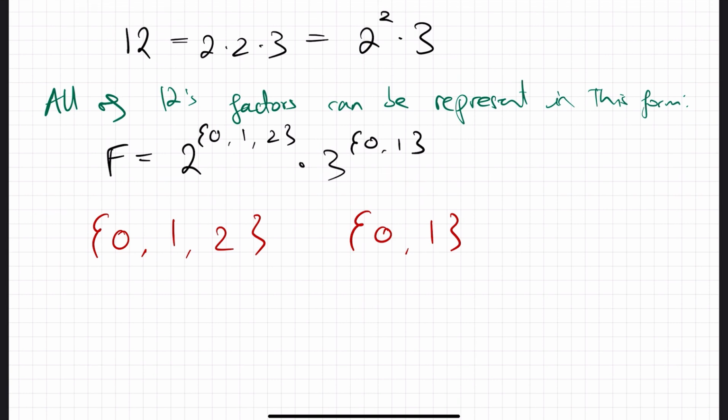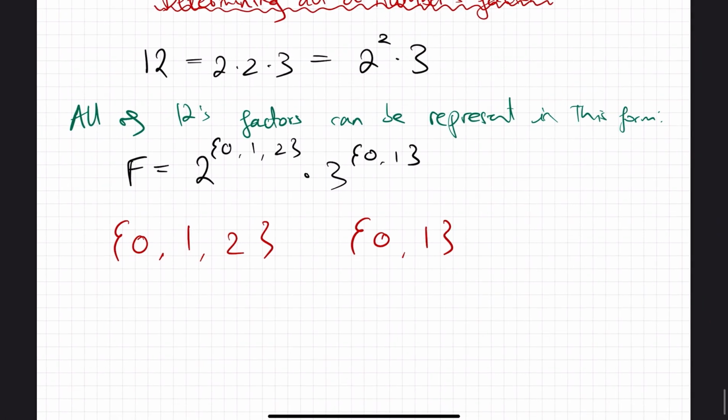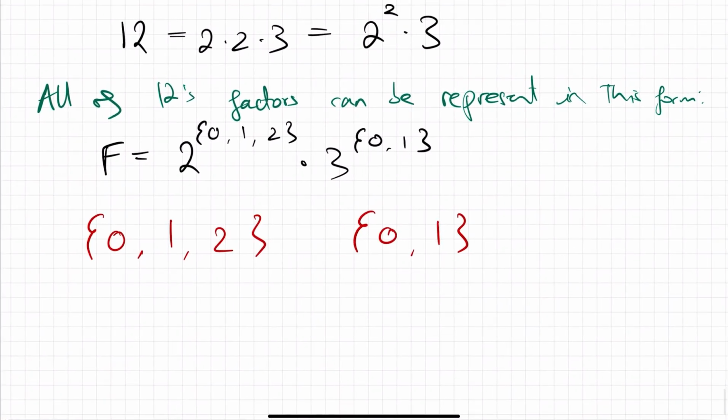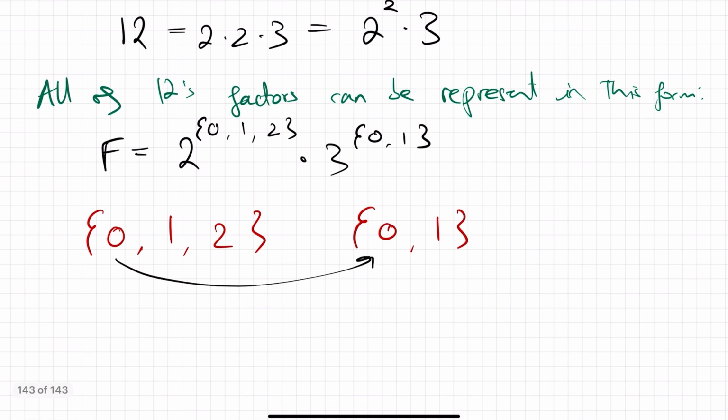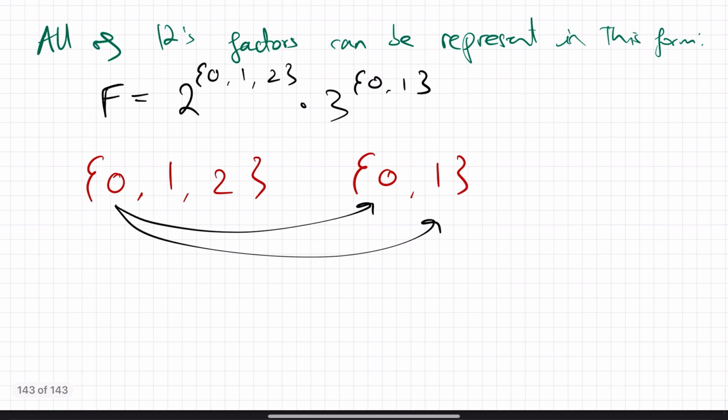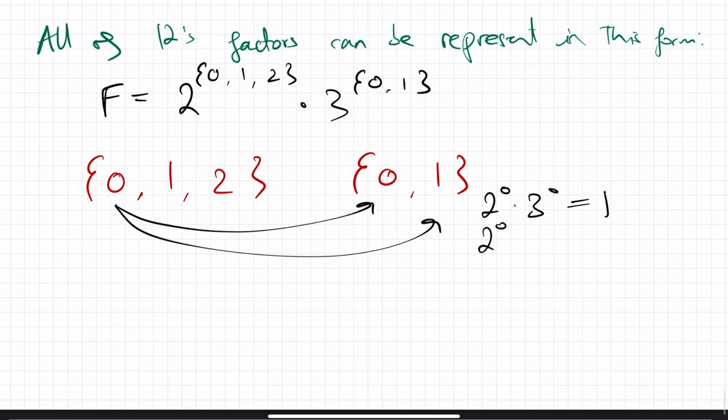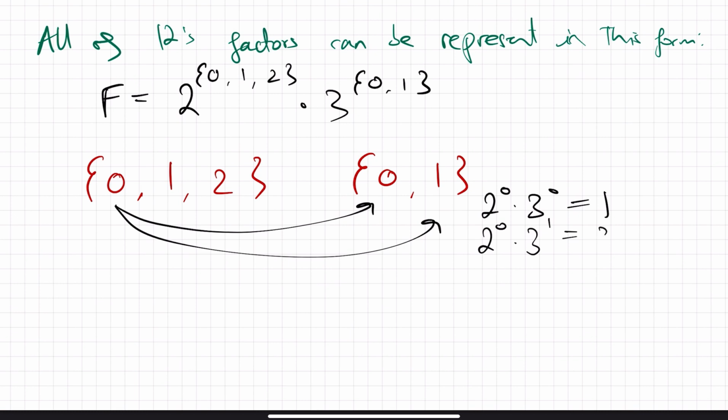Similar to how you would FOIL out a few brackets, we can start with the first term. So we'll do 0 and 0, and 0 and 1. These give us, let me just write them out here, 2 to the 0 times 3 to the 0, which gives us 1, the first factor. Then if we do 2 to the 0, 3 to the 1, this gives us 3.